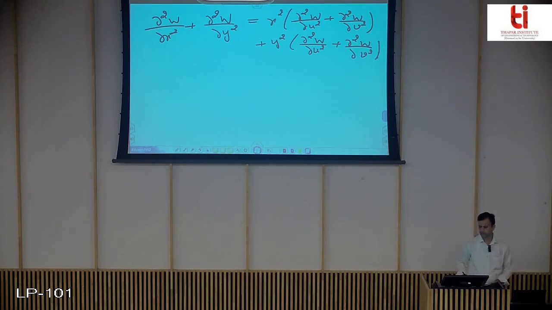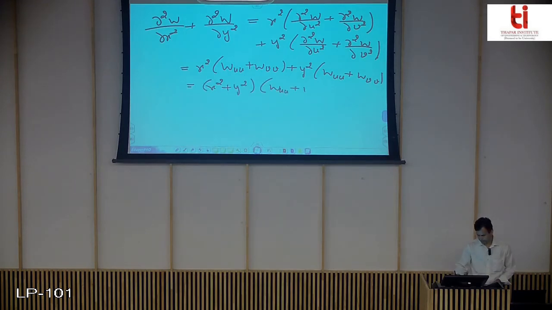All other terms will get cancelled. So this gives you x square w u u, w v v, or simply x square plus y square.